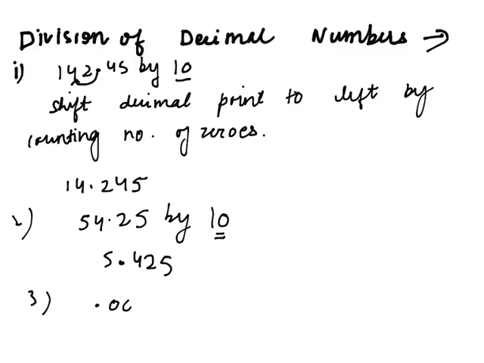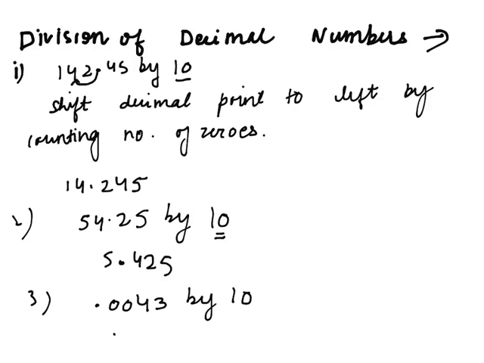Let's take one more example here. If we have 0.0043 and we are again dividing it by 10 only. In that case, we have to shift the decimal point towards left by one digit. But here we have no digit on the left, so we will just put one more zero.